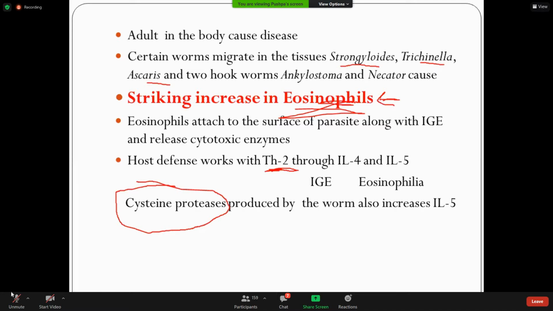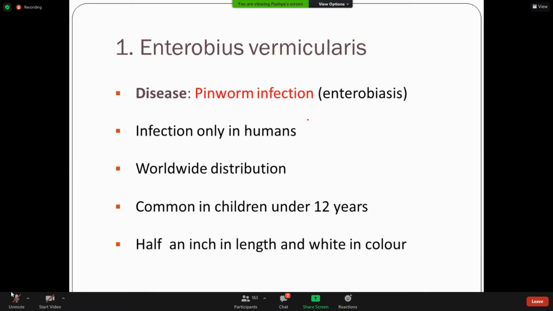So you have to fit it according to the complaints of the patient. But usually it is increased in parasitic infection. So there are three things: allergic reaction, some kind of skin infection, and parasitic infestation. In all of these conditions, the eosinophil level will be increased.